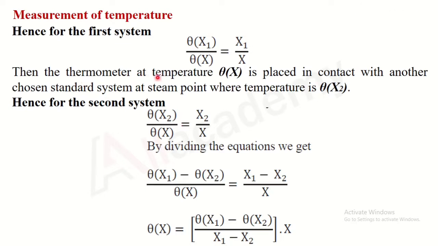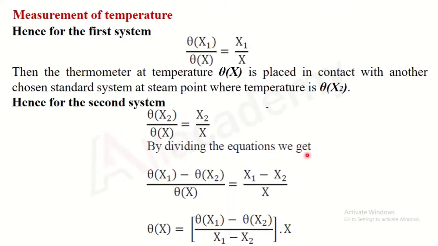Then the thermometer is placed in contact with another standard system, the steam point, where the temperature is theta x2. Then theta x2 divided by theta x equals x2 divided by x, where x2 is the property at steam point and x is the property at the unknown temperature.